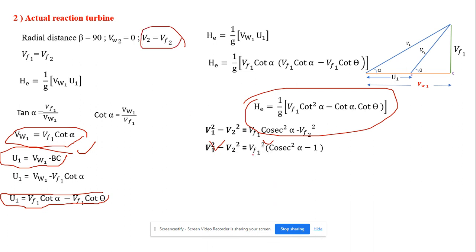So V1 square minus V2 square is equal to VF1 square (cosecant square alpha minus 1), whereas cosecant square alpha minus 1 is cot square alpha.